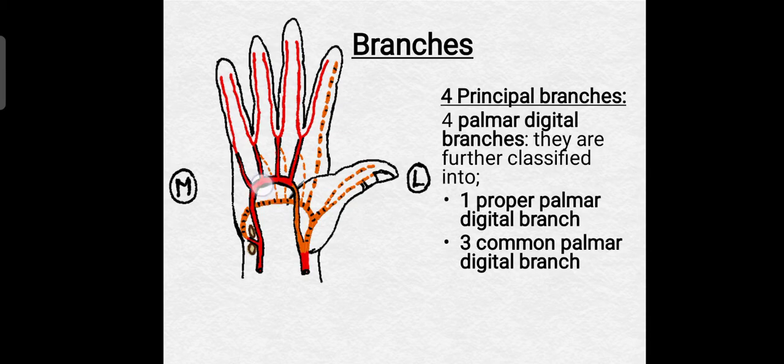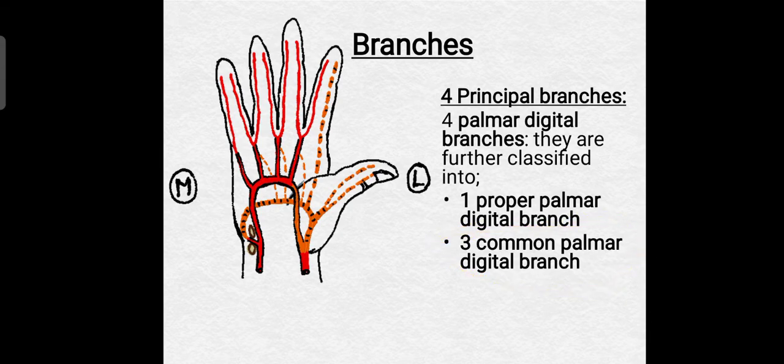So these three branches are termed as the common palmar digital branches, and the other one which is running straight to the finger is called as the one proper palmar digital branch. So proper palmar digital means that directly goes to the digit, and we have three common palmar digital branches.